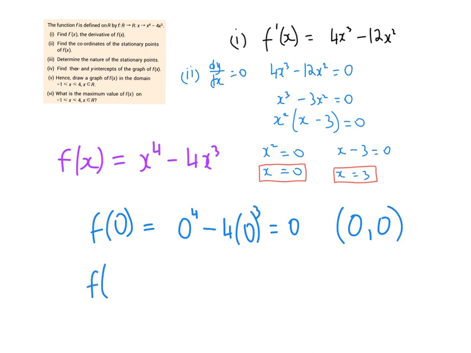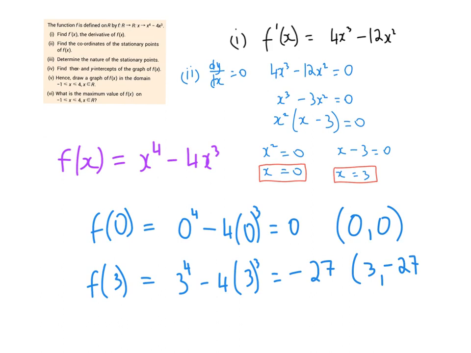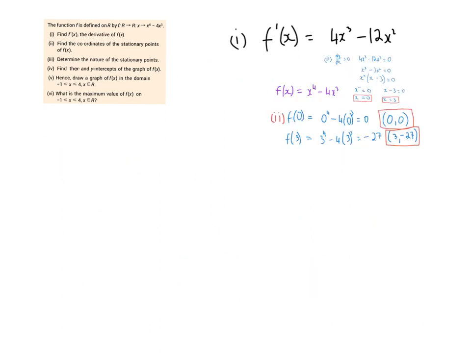And then f of 3, well, is going to be 3 to the power of 4 minus 4 times 3 cubed, which equals minus 27. So this point here is 3 comma minus 27. So these are our 2 points, our 2 stationary points. So we need to check out what kind of points they are.